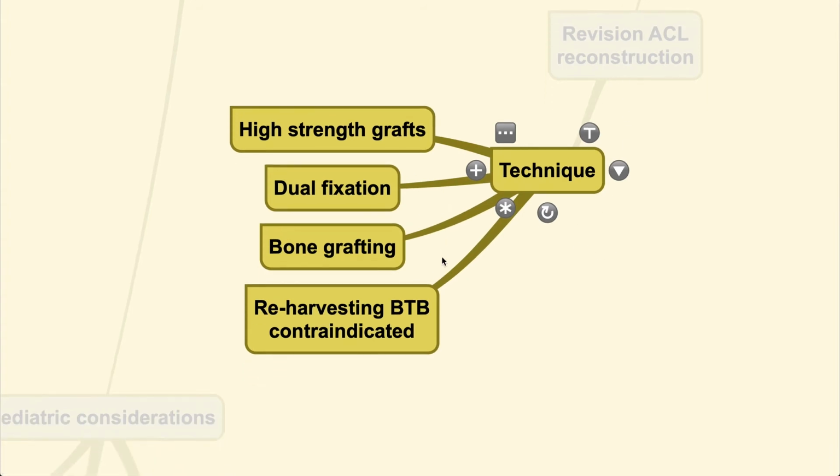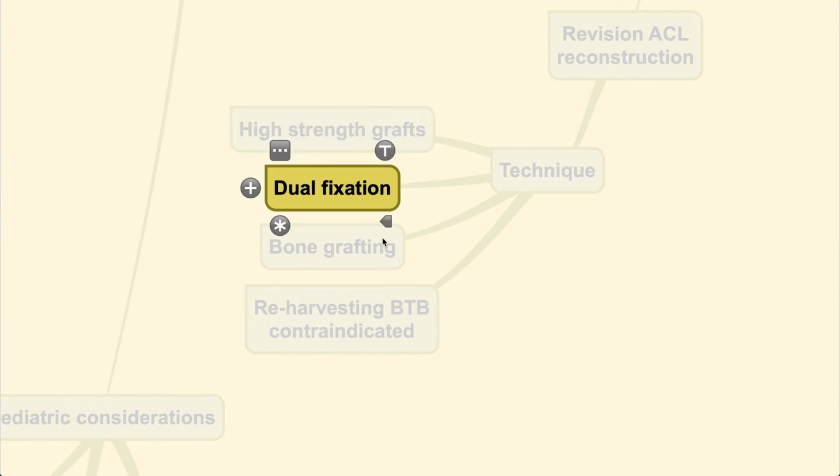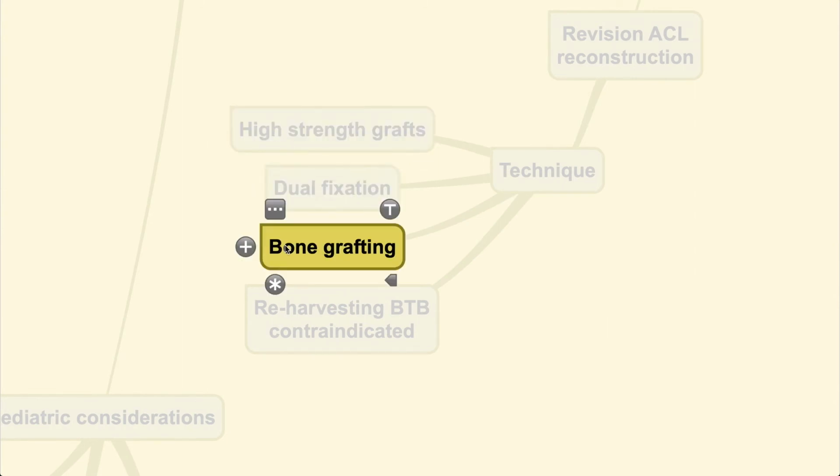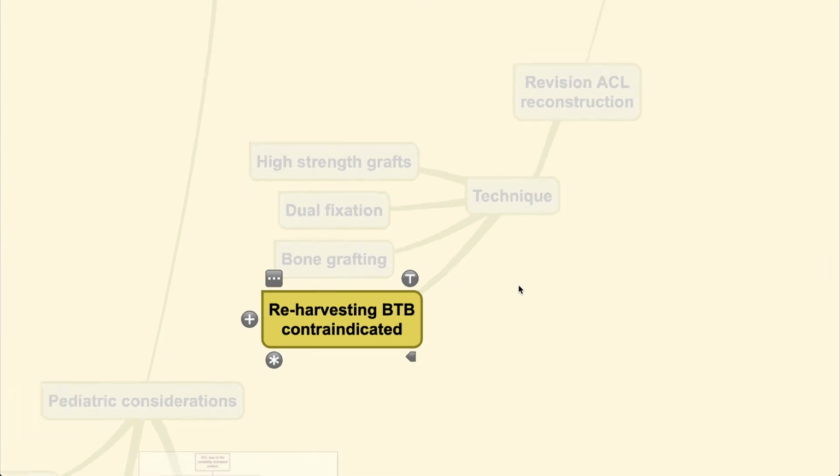So the certain points that you need to remember is that for the next reconstruction, you always need a high strength graft and use dual fixation and bone graft the tunnels if necessary to reduce the size of the tunnel diameter, and reharvesting of bone-patellar tendon-bone is always contraindicated.